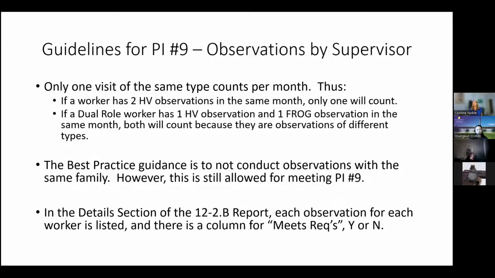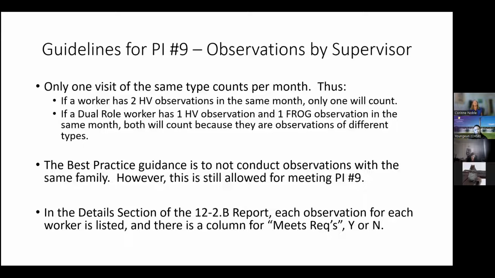rules in this, and only one visit of the same type counts per month. So let's say that you run this report and you realize you have a home visitor who is 2 out of 4, and we're in the middle of August.